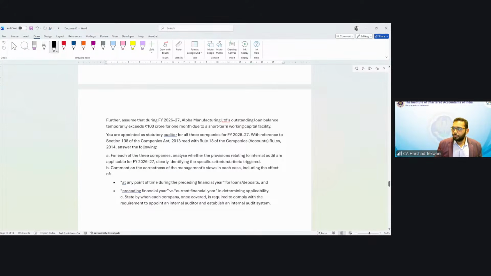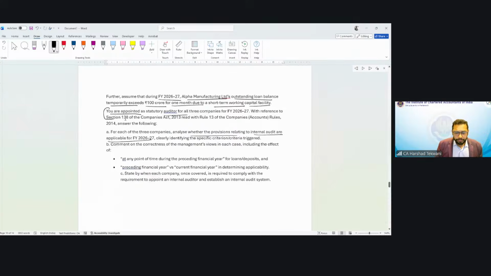Further assume that during FY 26-27, Alpha Manufacturing Limited's outstanding loan balance temporarily exceeds 100 crores for 1 month due to a short-term working capital facility. You are appointed as a statutory auditor, for all these things we have already seen. Now, for the 3 companies, analyze whether the provisions relating to internal audit are applicable for FY 26-27, and state by when each company, once covered, is required to comply with the requirement.